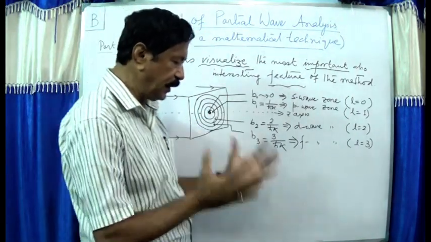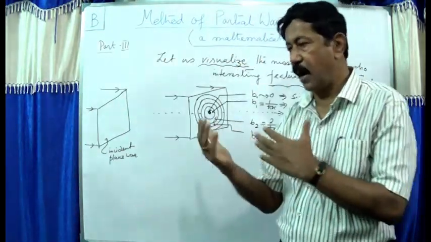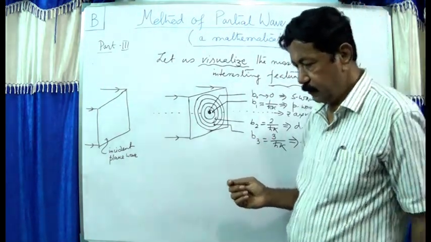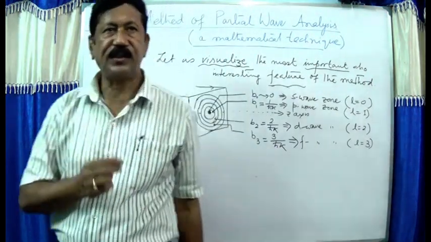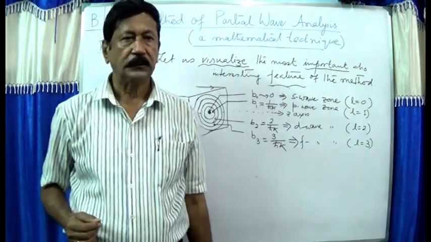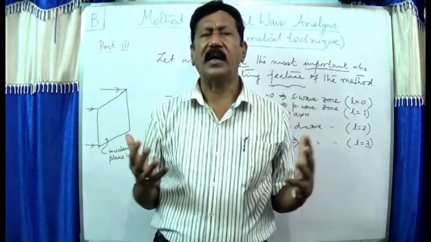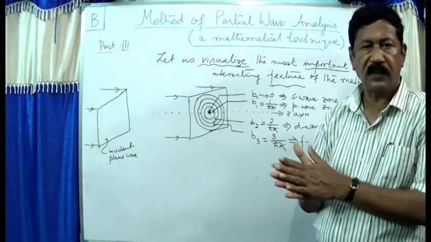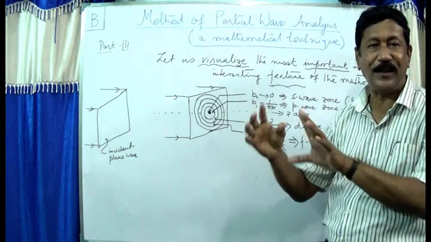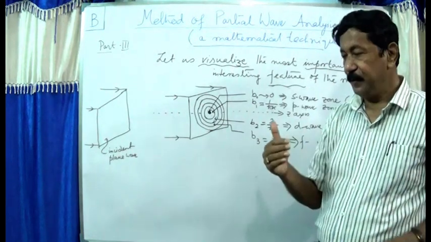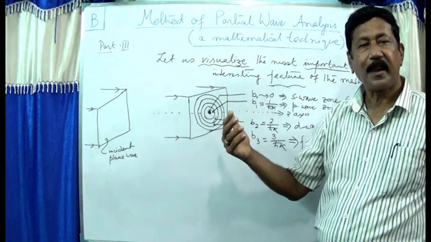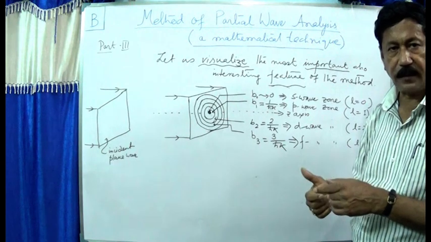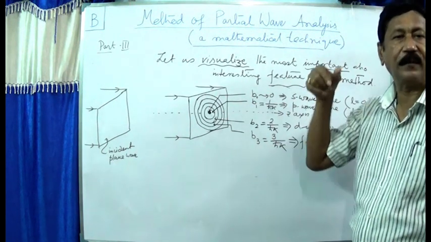Okay, so the total interaction can be partly viewed, and it is the most interesting point from the theoretician's point of view, because we do not know what is actually happening during the interaction, but we are trying to visualize the total phenomenon in a series of interactions, and that series means here the zones of interaction.